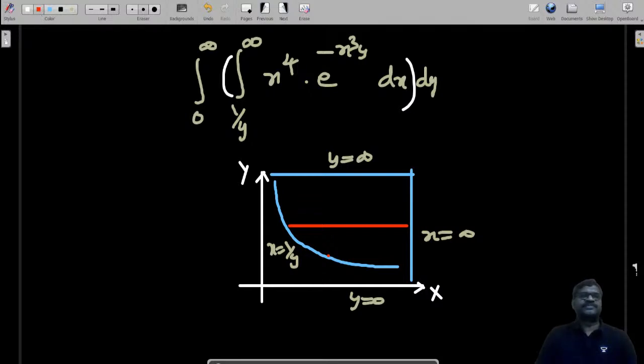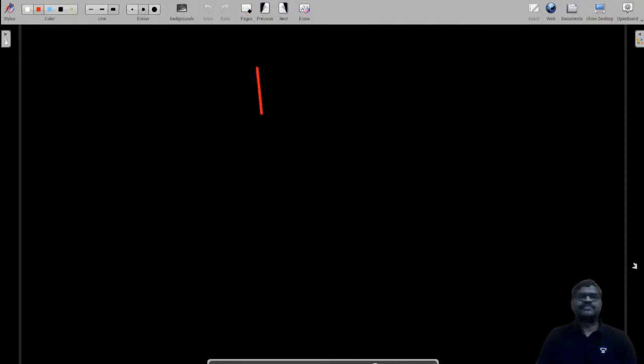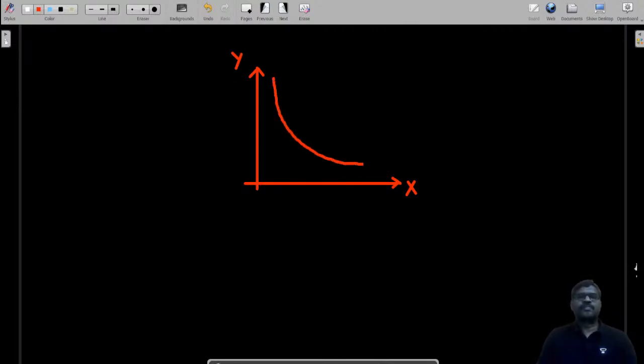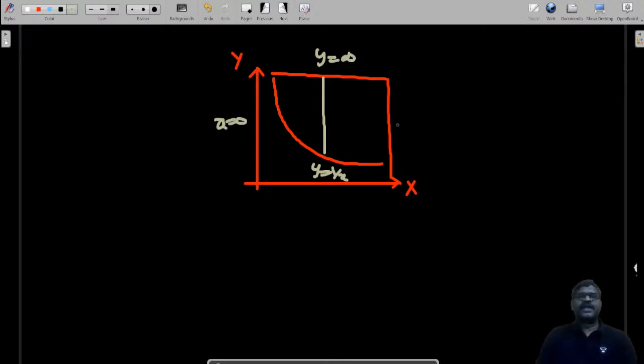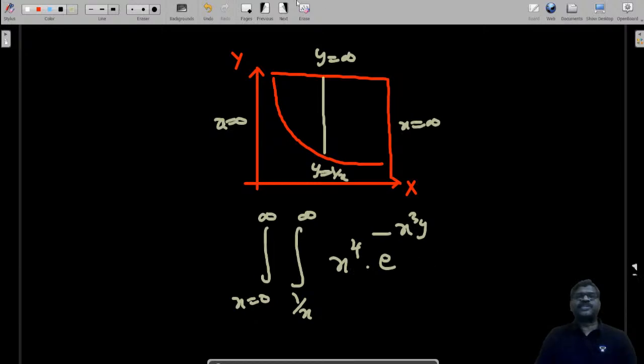We have to change the order of integration. We have to consider a vertical strip. y equal to 1 by x, y equal to infinite, x equal to 0, x equal to infinite. x power 4, e power minus x cube y, dy dx.